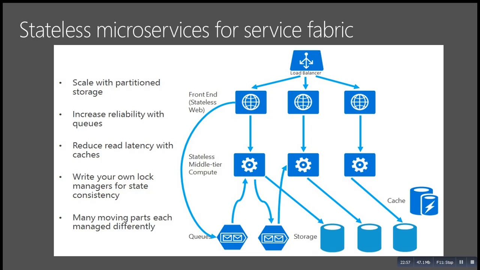So what is the benefit or characteristics of stateless? Its characteristics are scale with partitioned storage. These storages are partitioned for individual services, and increased reliability with queues. If we are leveraging queues, we can increase the reliability, and reduce the read latency with caches. So we can introduce a cache to reduce the latency.